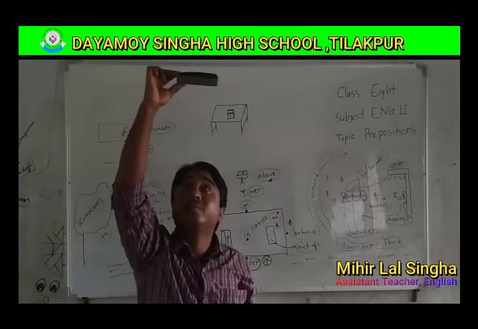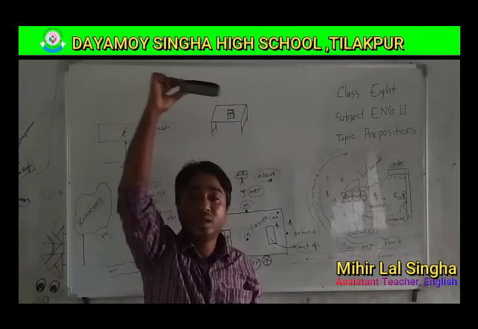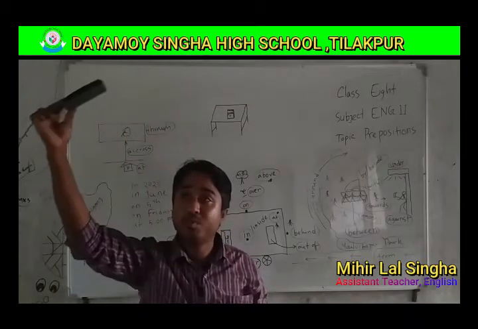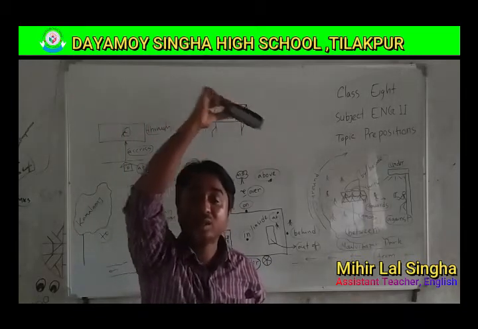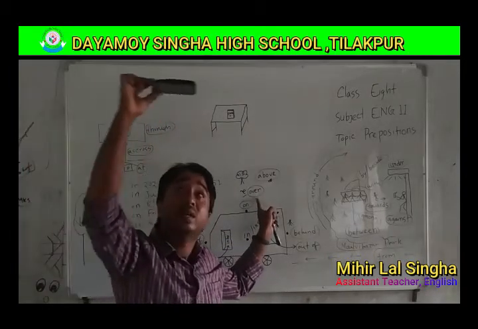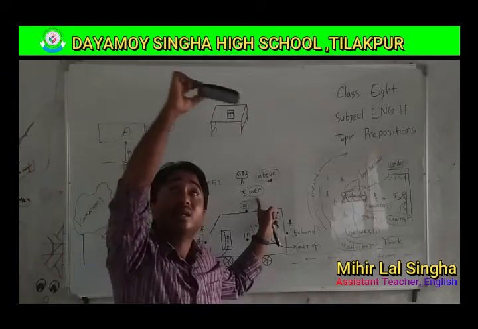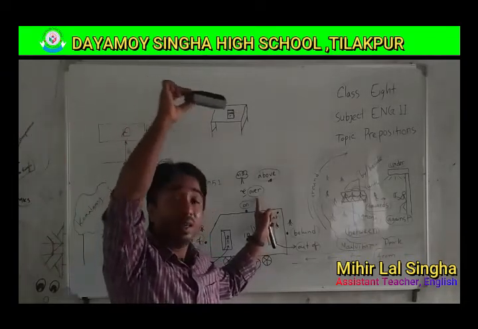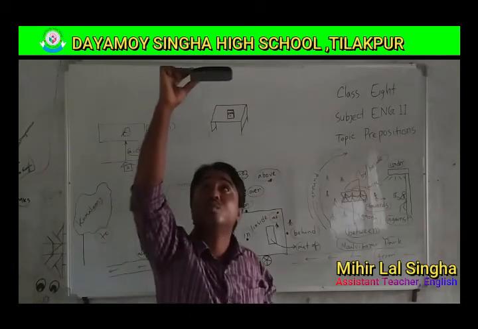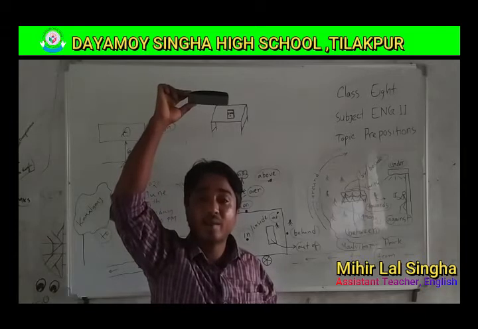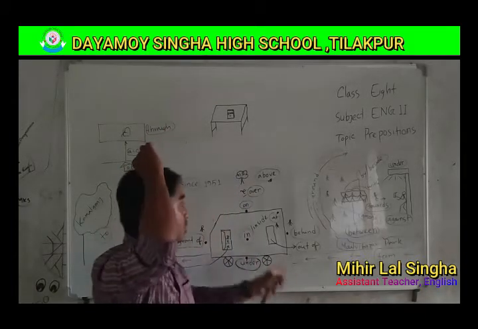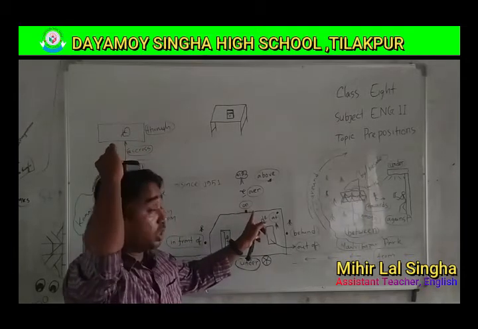Okay, if the duster has a movement, then we have to use another preposition, that is over. So if the matter has movement, we have to use the preposition over. If there is no movement, then we have to use above. If there is an attachment, then we have to use the preposition on.